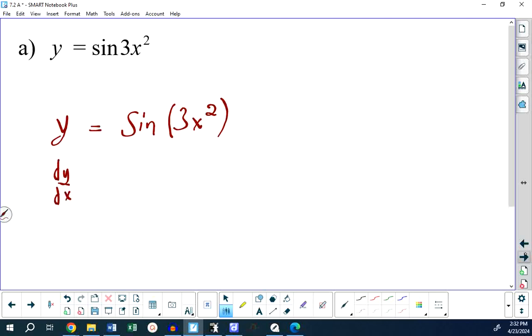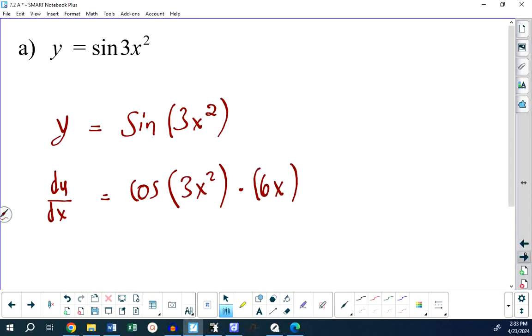Well, first and foremost, that expression is a sine of a thing, which means dy dx will be the cosine of that same thing multiplied by the derivative of that thing.